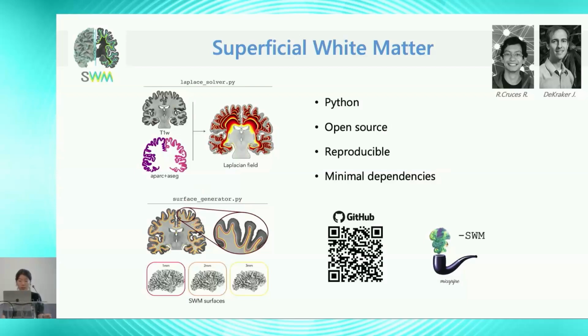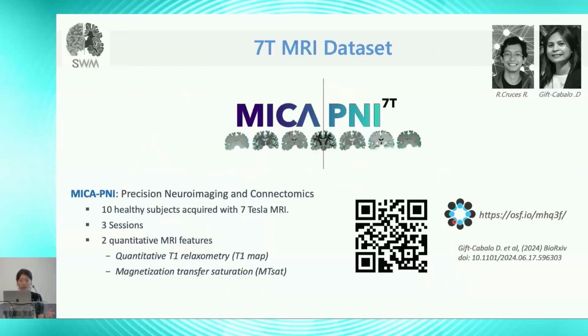Additionally, we have integrated this script into the MICAPipe pipeline, an open processing framework for multimodal MRI datasets. This pipeline is built in Python and is designed to be open source and reproducible with minimal dependencies. So you can run it independently or integrate it with the pipeline separately.